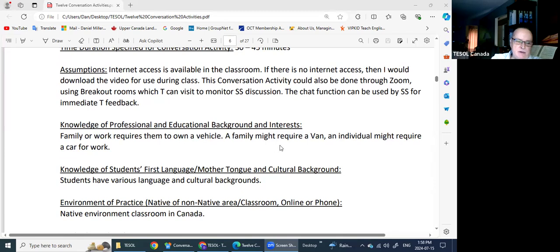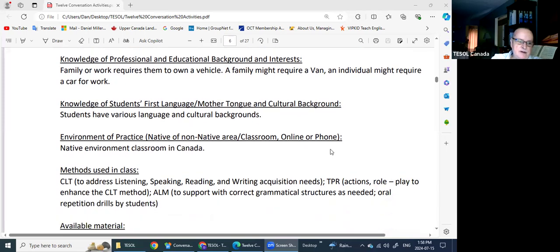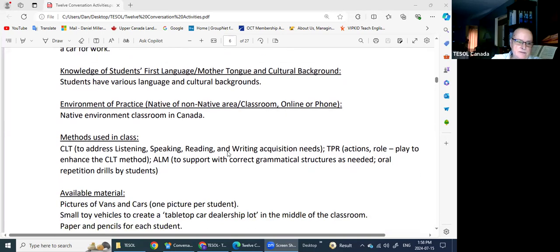A family might require a van, an individual might require a car for work. And I said, students have various language and cultural backgrounds. And this class is being held in a native environment classroom in Canada.